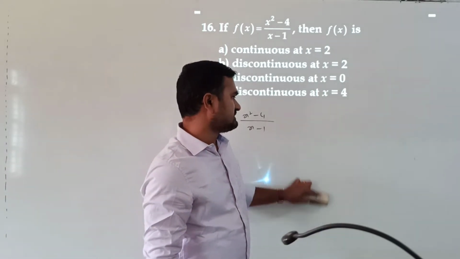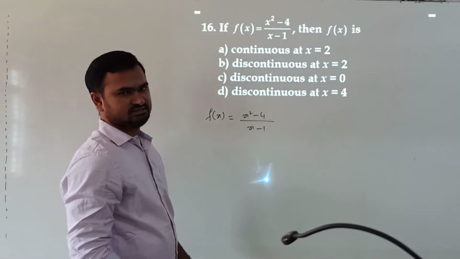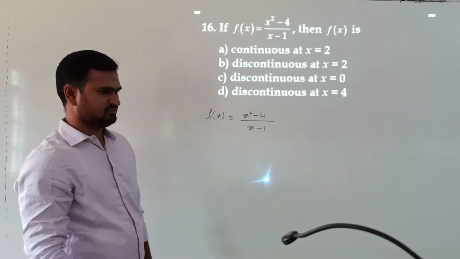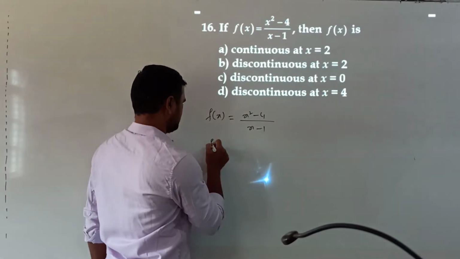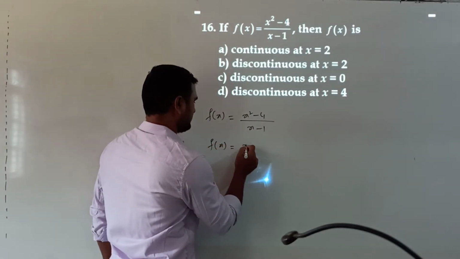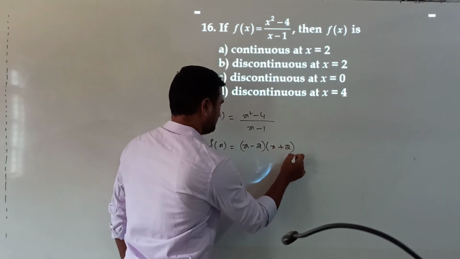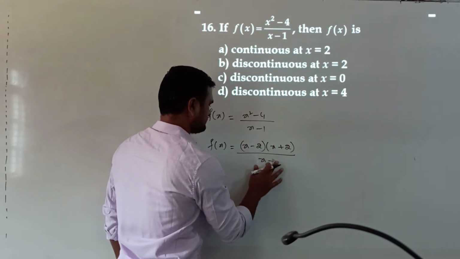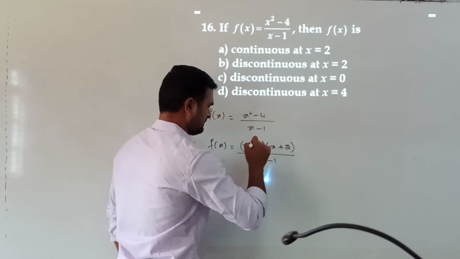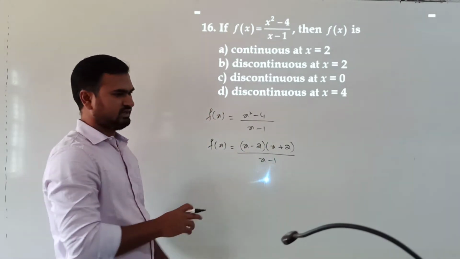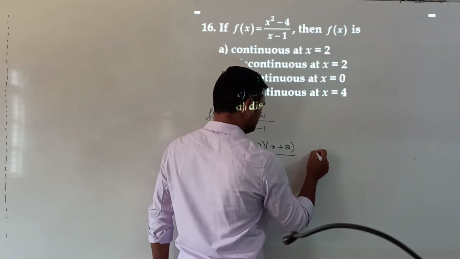Then this function is continuous or discontinuous. Now we have to check the continuity and discontinuity of this function. So x square minus 4 we can write as x minus 2 into x plus 2, divided by x minus 1. Now this function is not defined at x equal to 1, which is not defined.